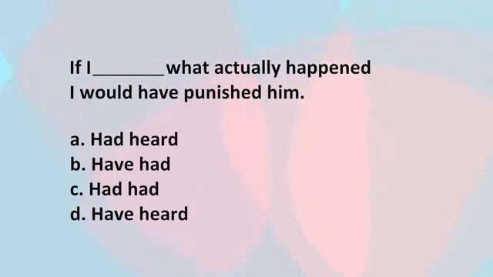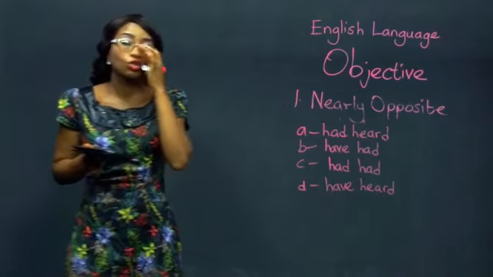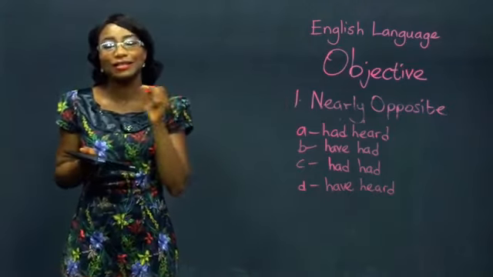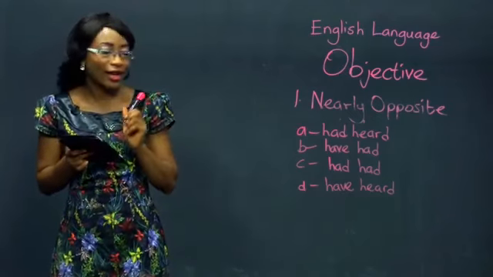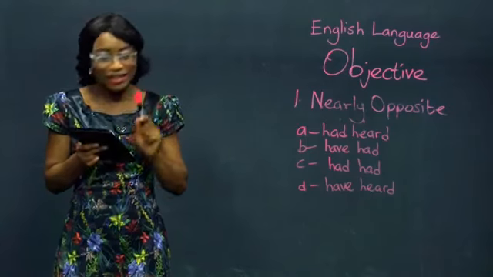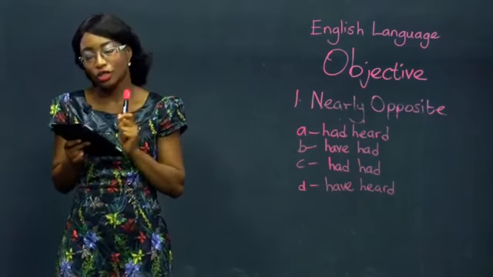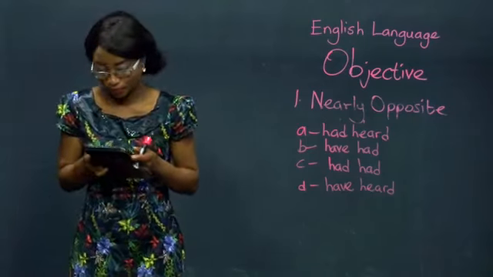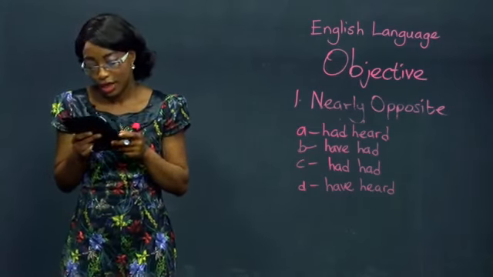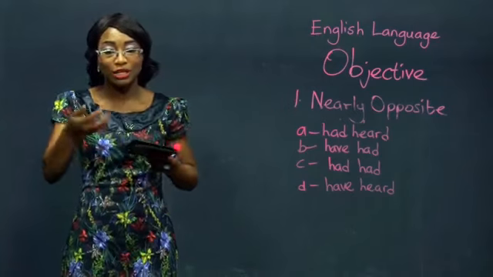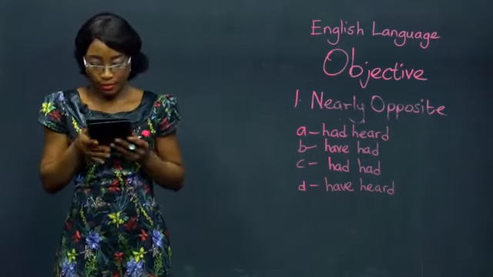Now, the best way to answer this kind of question is to put all the options in the sentence. I'll do that for you. If I had heard what actually happened, I would have punished him. If I have had what actually happened, I would have punished him. I've had means if I had taken.